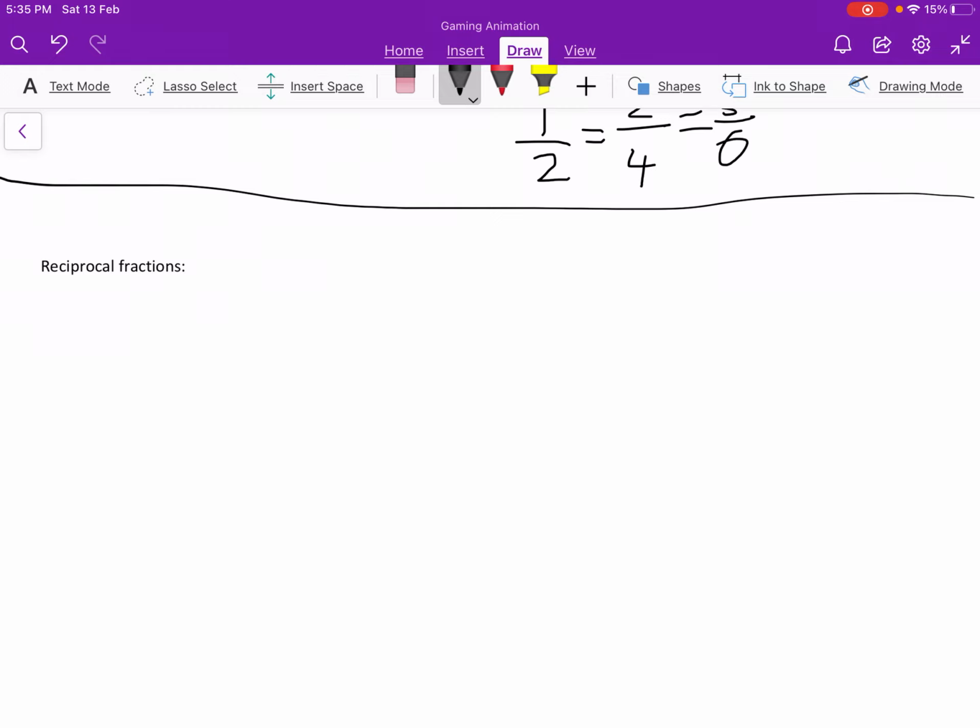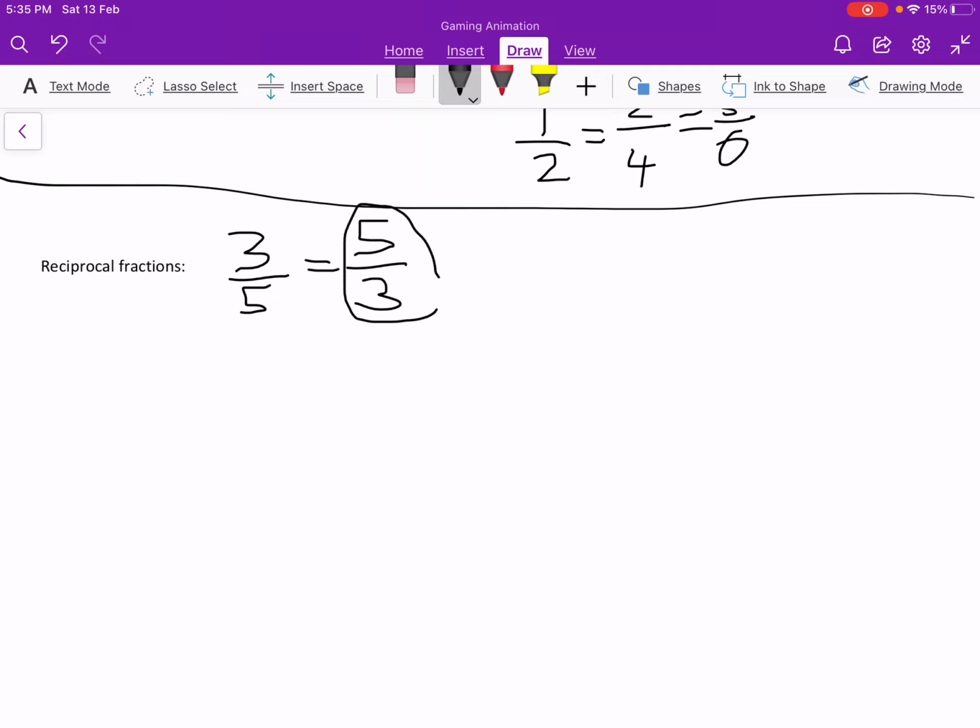this is very easy actually, reciprocal fractions. You have one fraction, and you want to turn it into a reciprocal fraction, you just do the opposite. You get a reciprocal fraction. So in this sum, which is the reciprocal fraction?